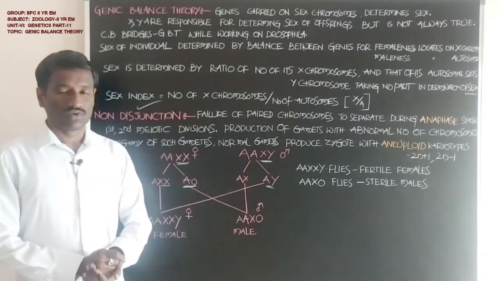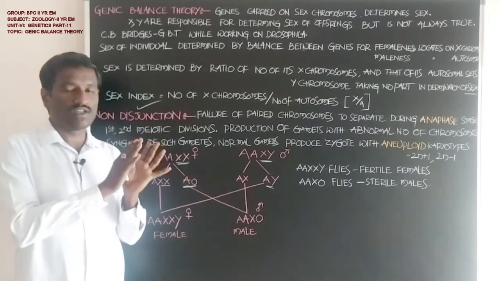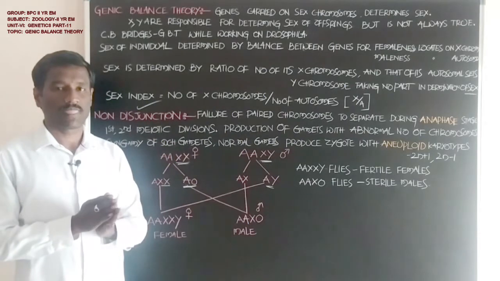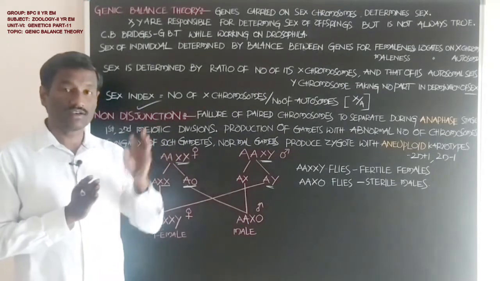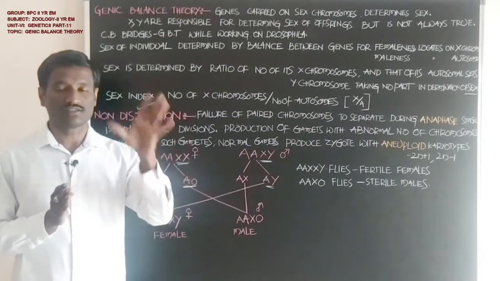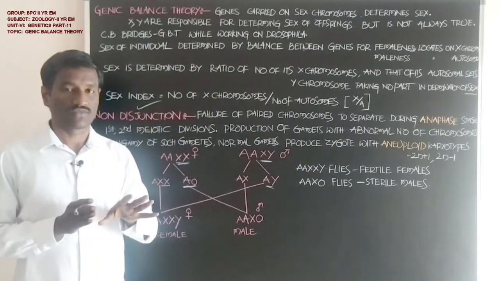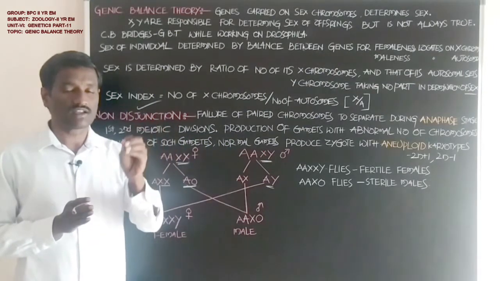Students, normally chromosomes are equally separated in the mother cell and move into the daughter cells produced from the mother cell at the time of the first and second meiotic divisions.